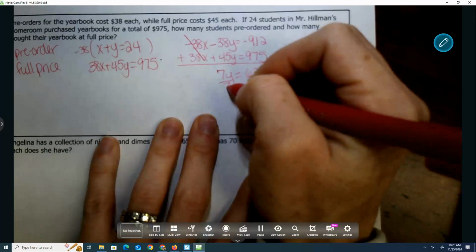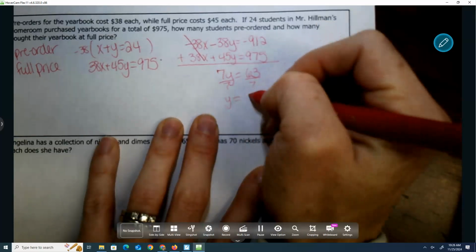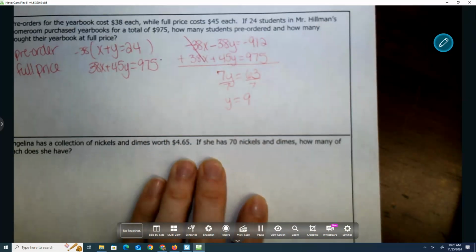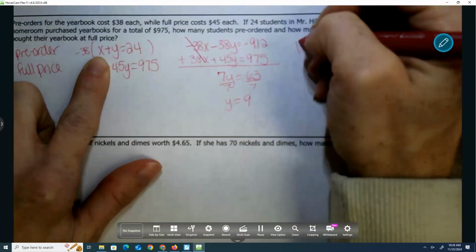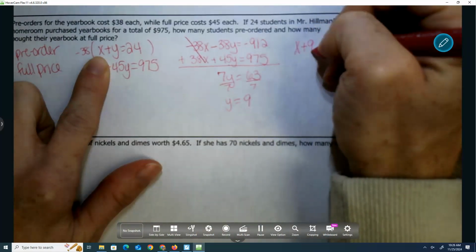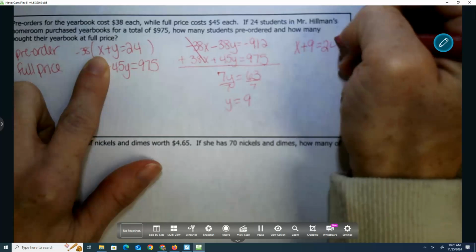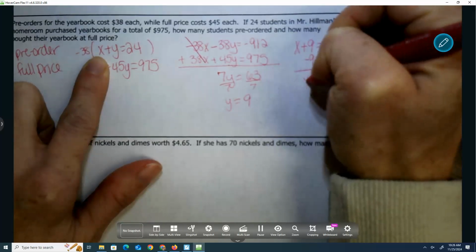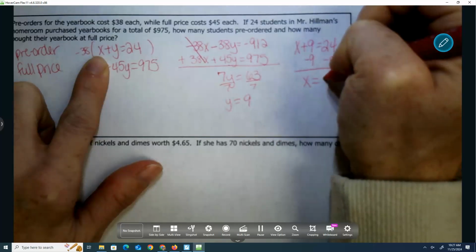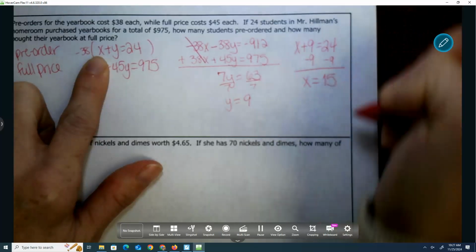Yep, divide by 7, so we get y to be 9. All right, once we have y, we need to turn around and get our x. So we can go back to the first equation. X plus y, which is 9, equals 24. Subtract our 9, so x is 15.